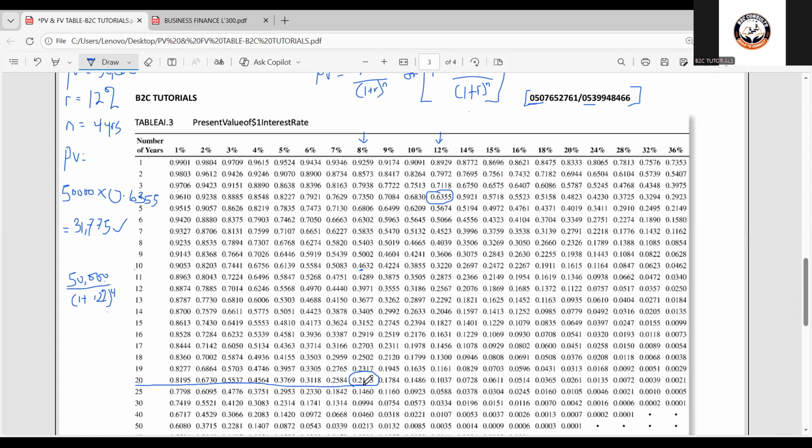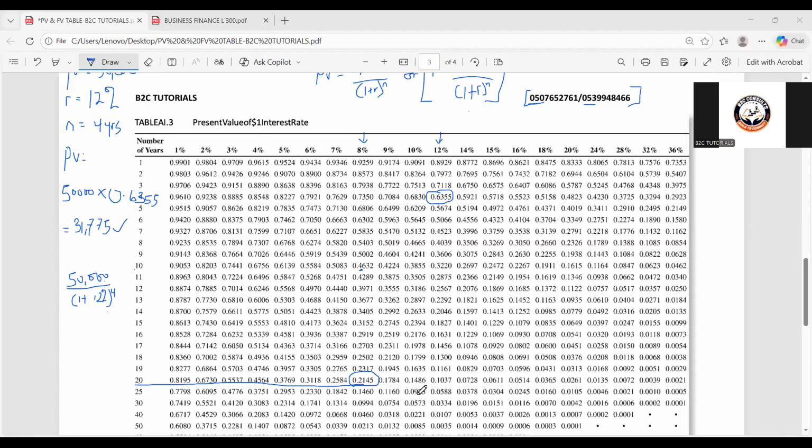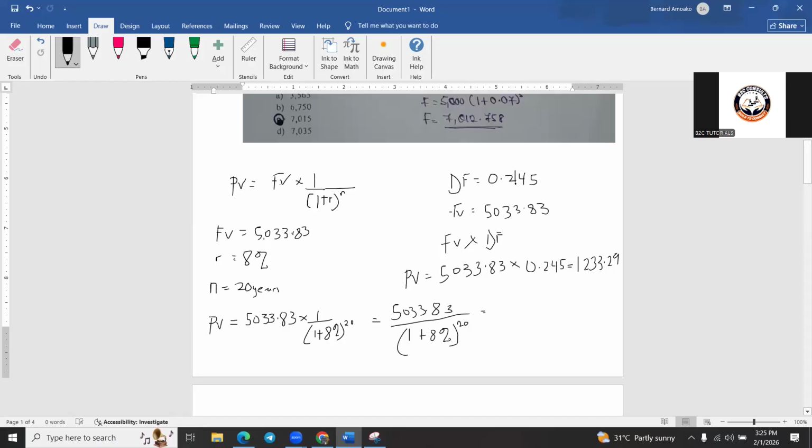Oh, sorry. So it was 2145, not 245. So I picked wrongly. It was 2145. So let us change it to 2145 using the table. So the discount factor is expected to be this one.